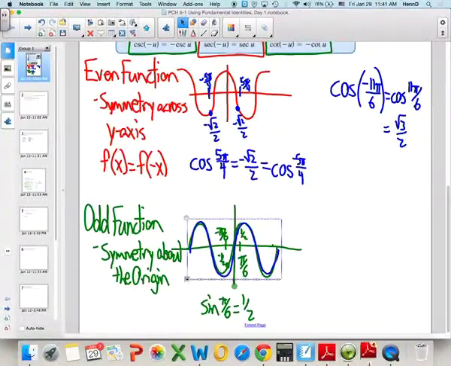My drawing isn't perfect, but you can see we get the same thing when we rotate it around the origin. That's why we call this symmetry about the origin.